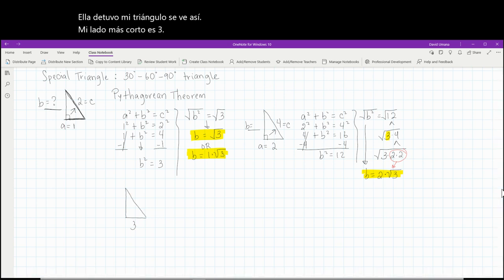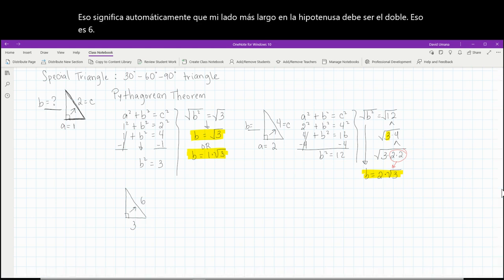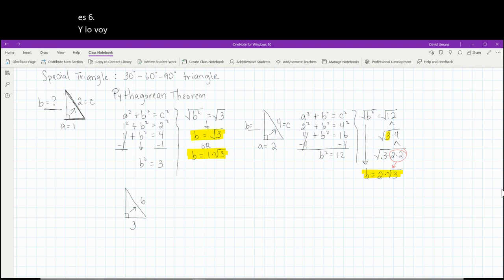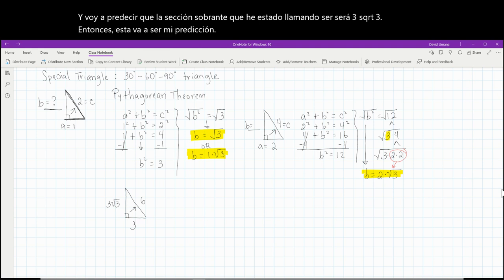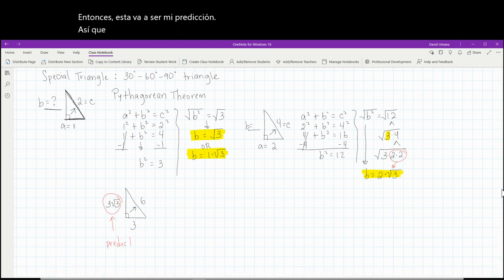That automatically means that my longest side on the hypotenuse must be twice as much. That is 6. And I'm going to predict that the leftover section, which I've been calling B, will be 3 square root of 3. So then this is going to be my prediction. Okay, so I predict that my answer will be 3 square root of 3.